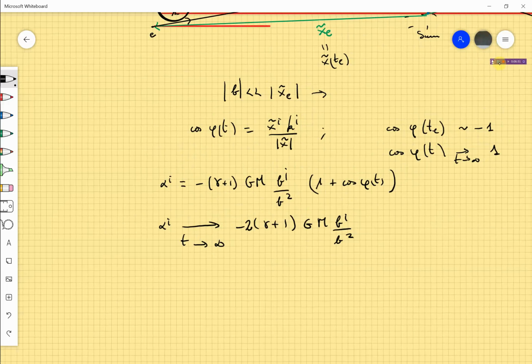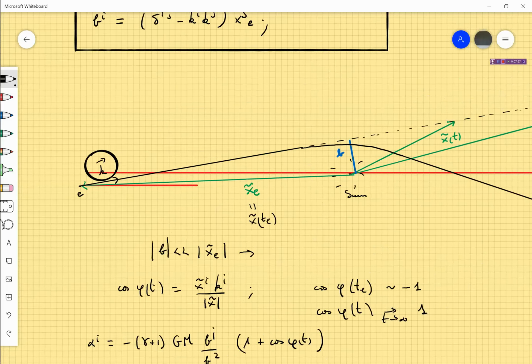Since it will be very small, because we are working in this post-Newtonian approximation, weak field, and so on, you can approximate it by the tangent, and the tangent of this angle you can take as the limit when t goes to infinity of the product of n i in the direction of the impact parameter divided by the scalar product of n i with the original direction of the light ray.